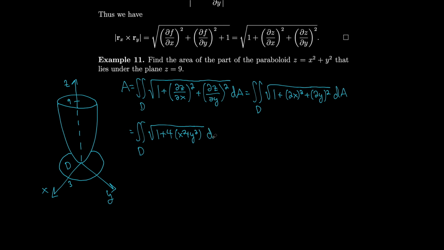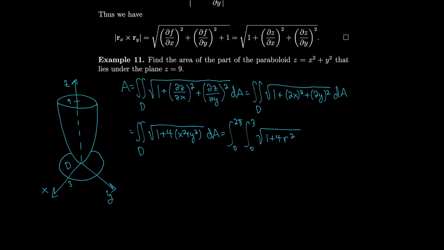Notice that we're integrating over a circle, and we have x squared plus y squared inside, so this is a very natural candidate for polar coordinates. So let's convert. We'll get the integral from 0 to 2 pi for theta, and then our radius goes from 0 to 3, and the square root of 1 plus 4 times, well, x squared plus y squared is r squared.